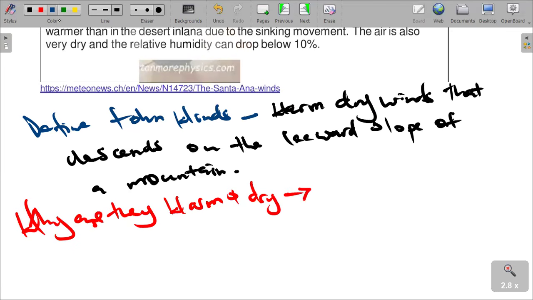What I want you to understand is that as the air descends on the leeward side of the mountain, it warms up rapidly at the dry adiabatic lapse rate. The air warms up as it descends from the mountain.